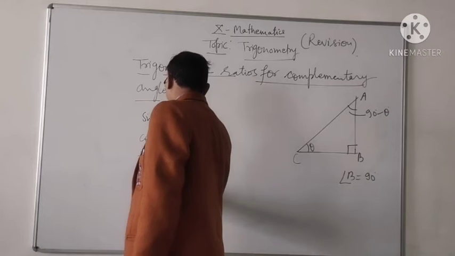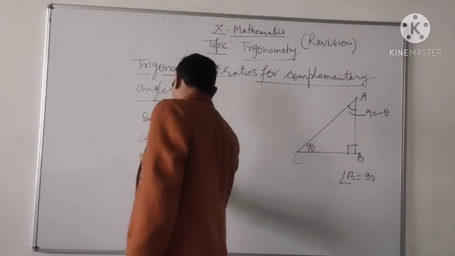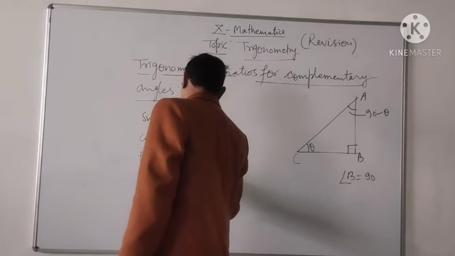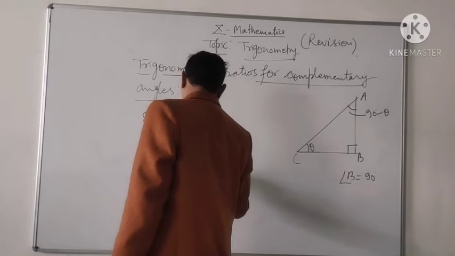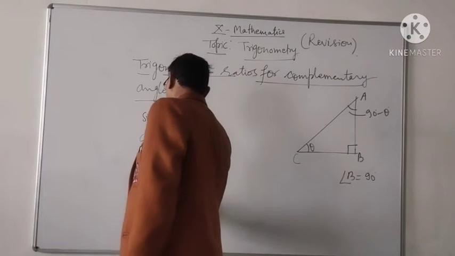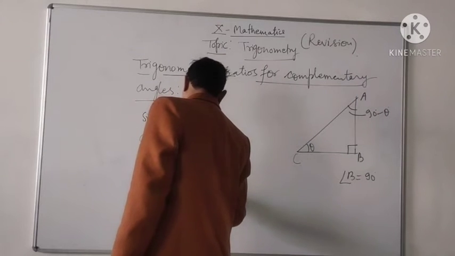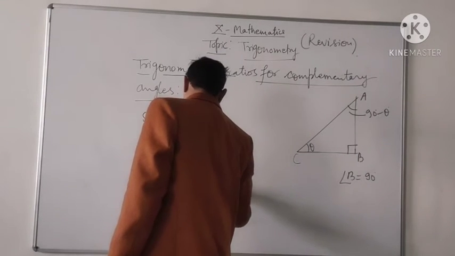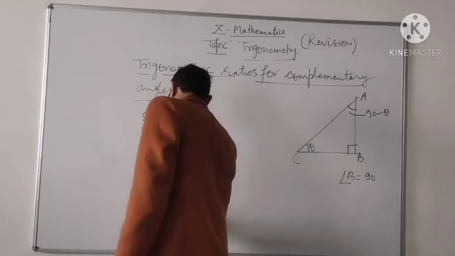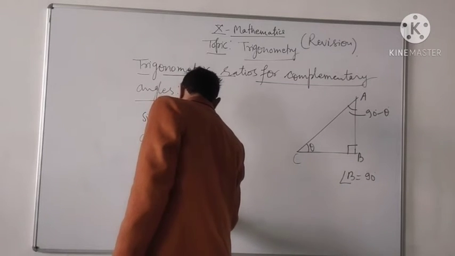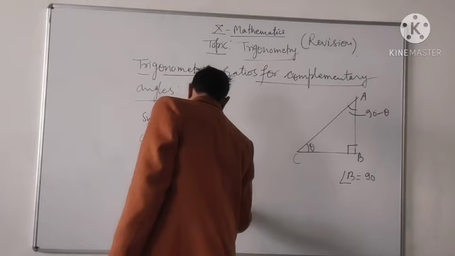Then cot 90 minus theta equal to tan theta. Cosec 90 minus theta equal to sec theta, and sec 90 minus theta equal to cosec theta.